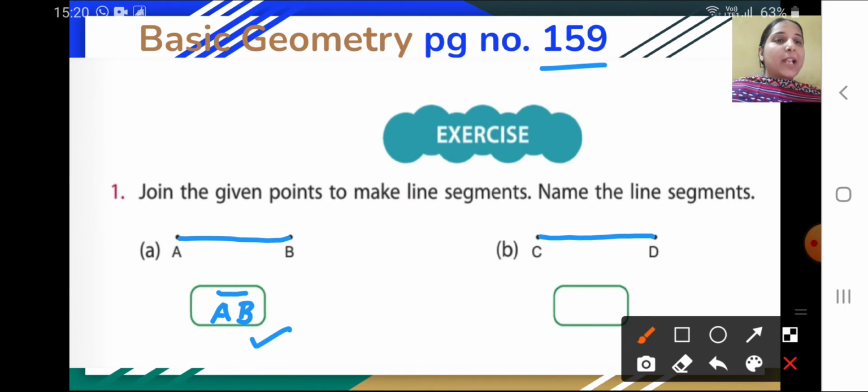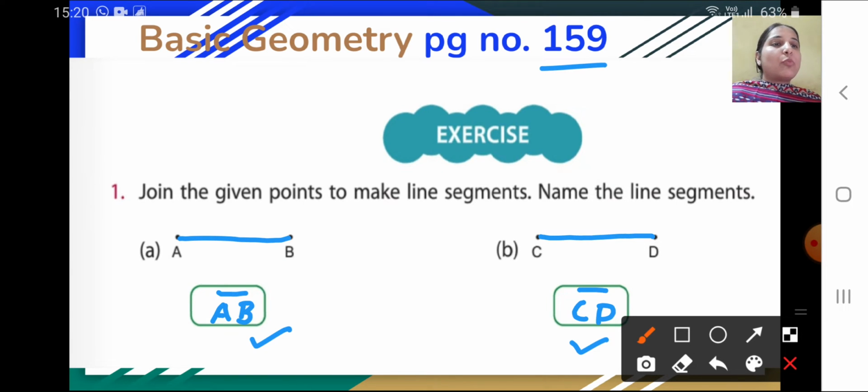And how we will name that? First we will write CD and then we will just draw a small bar above that, a small line above that. Okay. So this will be showing line segment CD.